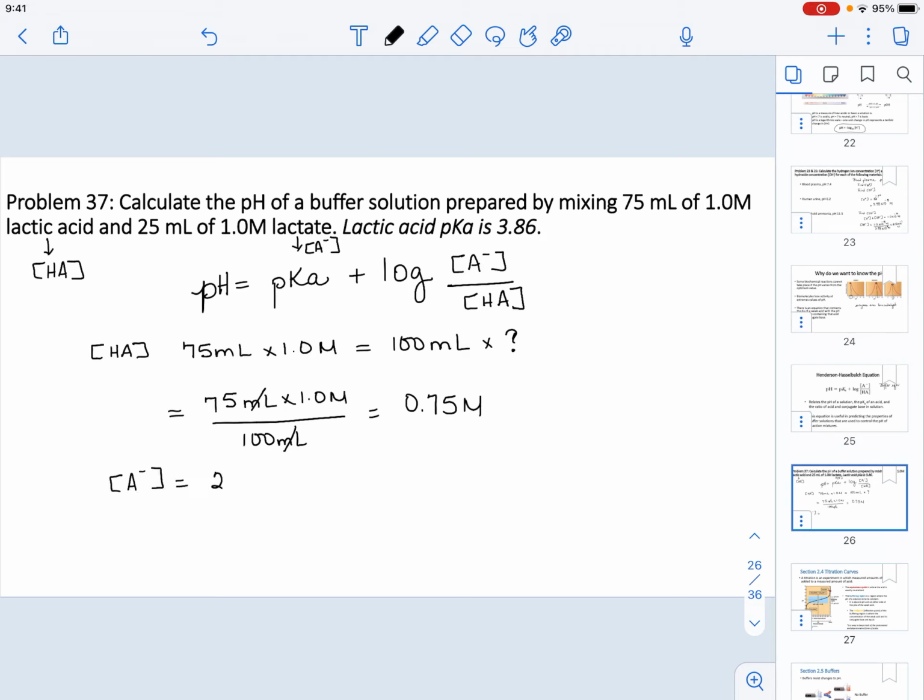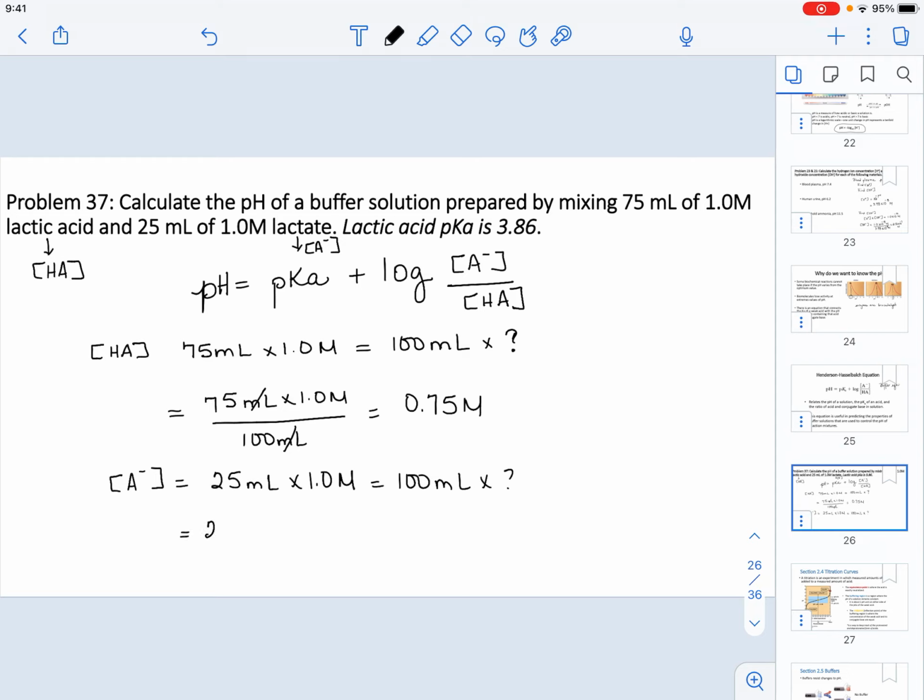I can say 25 milliliters of that 1.0 molar lactate over 100 milliliters, and I'm trying to find that question mark.